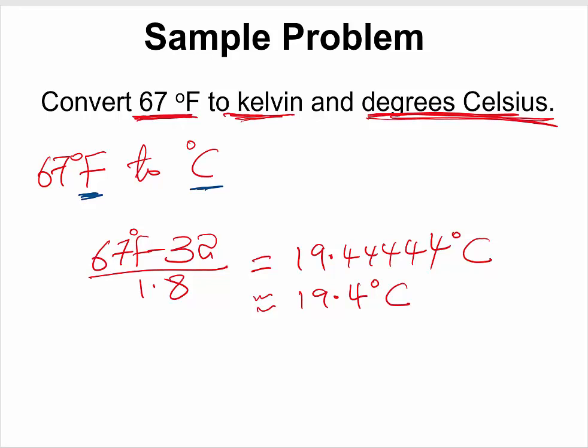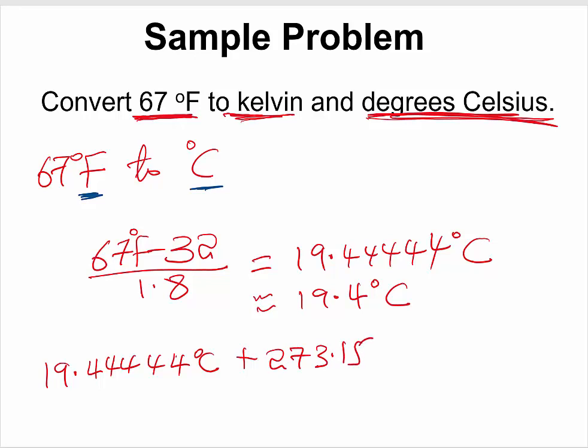Now we can convert the Celsius scale to the Kelvin scale, which means we are going to add 273.15 to 19.44444 degrees Celsius because we do not use approximated value in subsequent calculations.